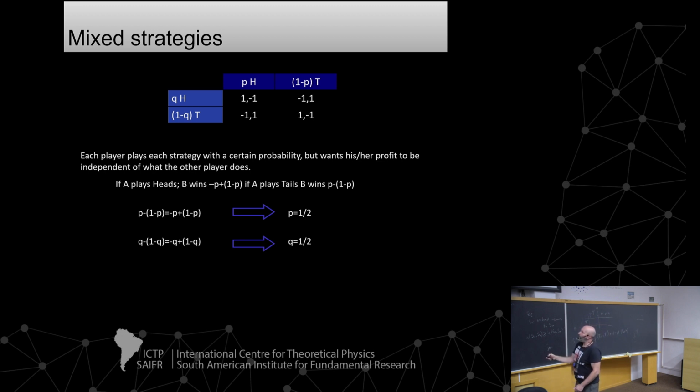This is what I am doing: I am just trying to look for a situation where there is no incentive for any of them to change the strategy, when the payoff that I can get is independent of what the opponent is doing. Okay, so this is what I get. For P equal 1/2 and for Q equal 1/2, I reach the Nash equilibrium.